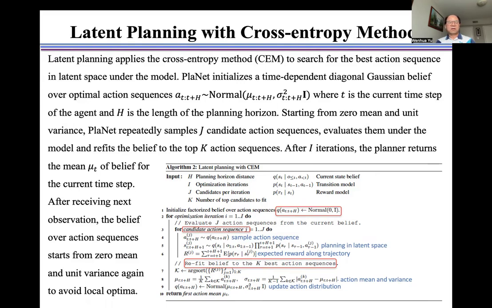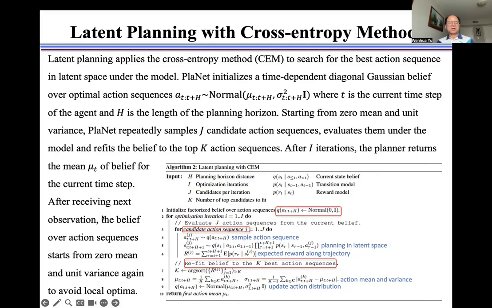Starting from zero mean and unit variance, planning network repeatedly samples G candidate action sequences, evaluates them under the model, and refits the belief to the top K action sequences. After I iterations, the planner returns the mean μ_t of the belief for the current time step.